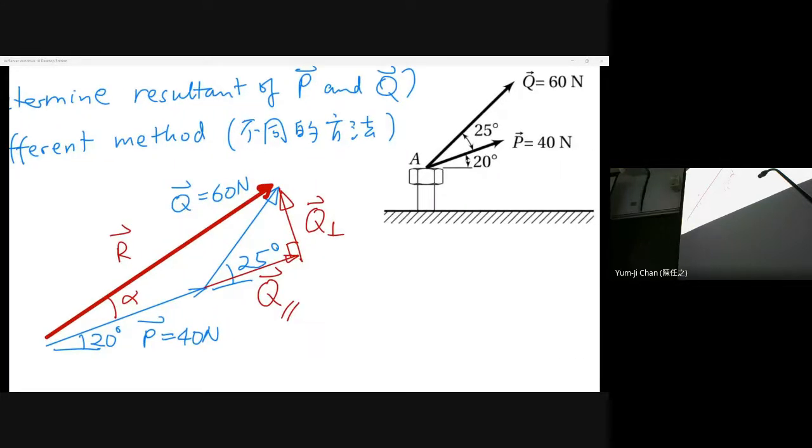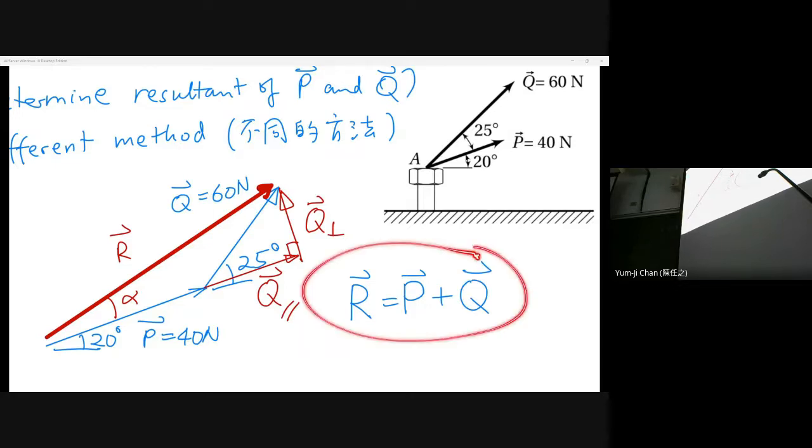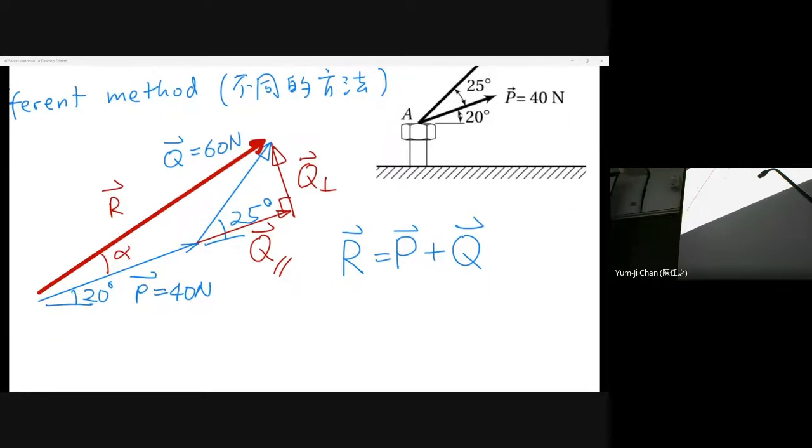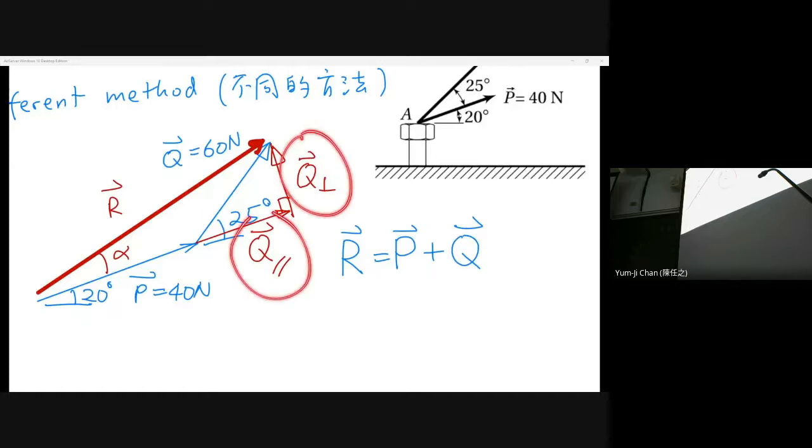From here, what do we know? We have R is equal to P plus Q, right? Of course, we want to determine R. R is equal to P plus Q. But now, if we write it like this, then what do we have?